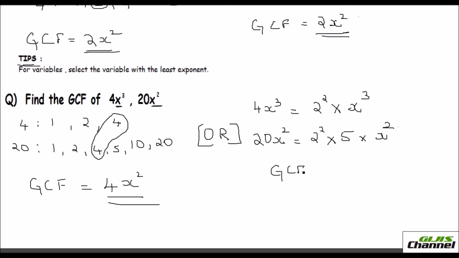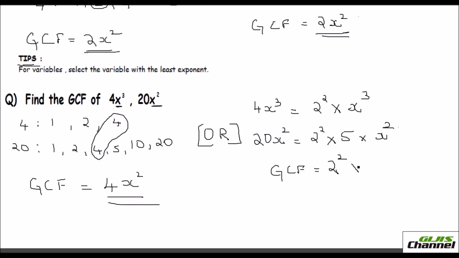For GCF, you write the highest common factors. So the common factor is 2 squared. You take the least power, and since the power is the same for both, I took it as is. And this 5 you can just ignore because it is not common to both 4x cubed and 20x squared, so just skip it.